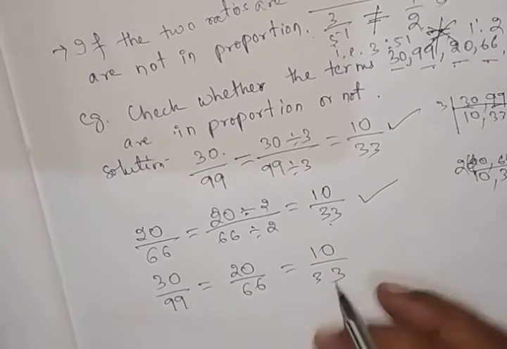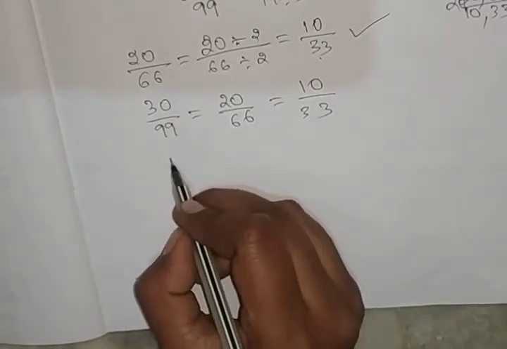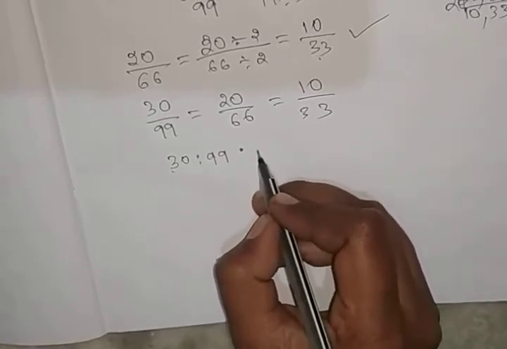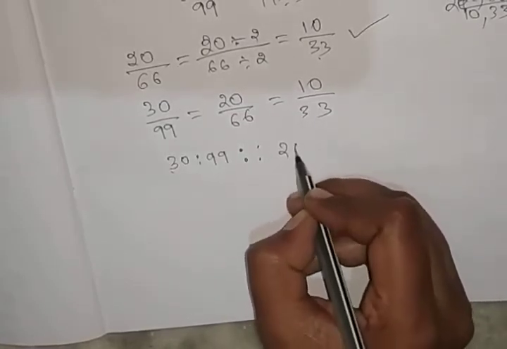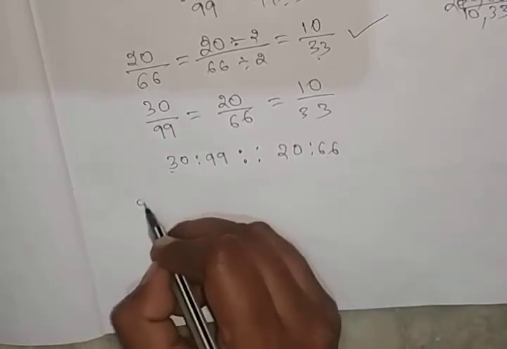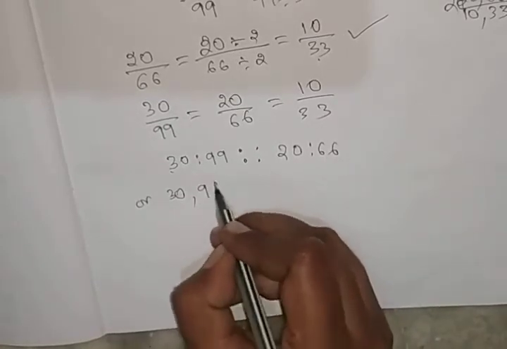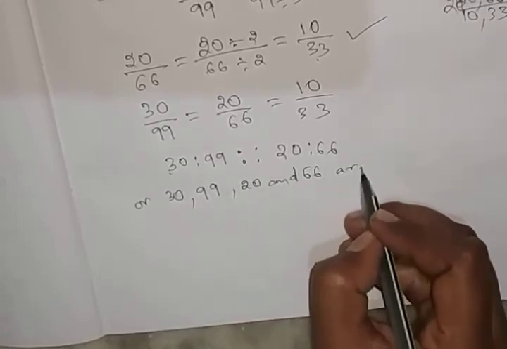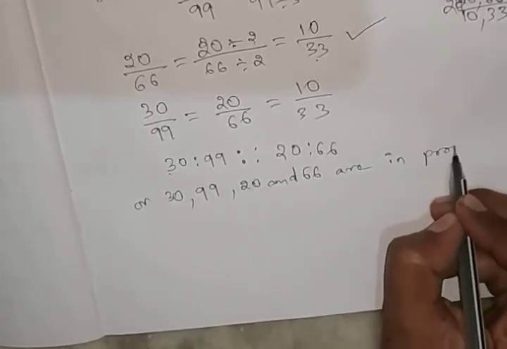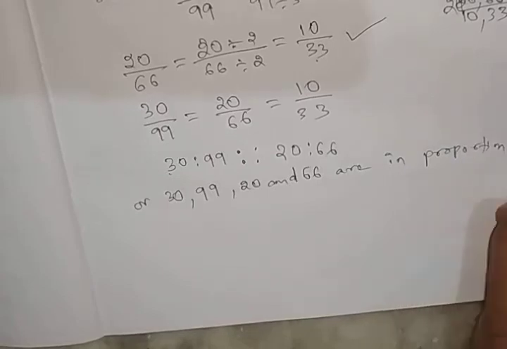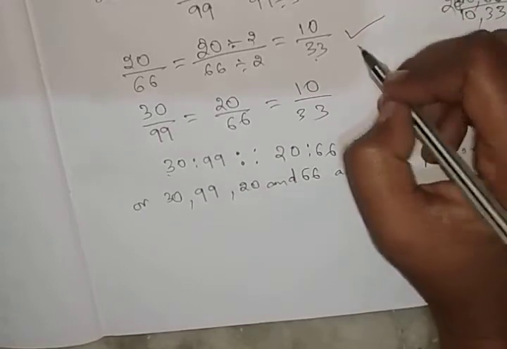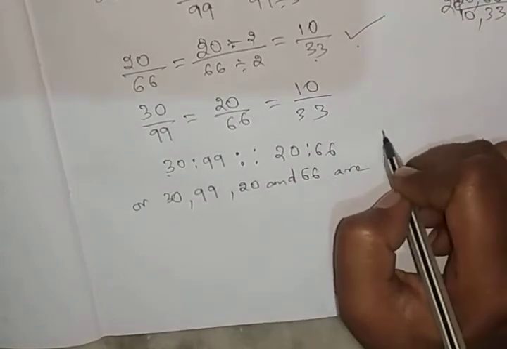That's why you can write 30 is to 99 is proportional to 20 is to 66, or you can write that 30, 99, 20 and 66 are in proportion. Because if the ratios are the same, then they are in proportion.